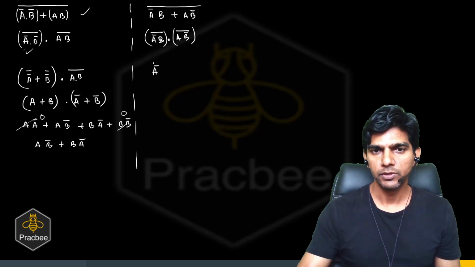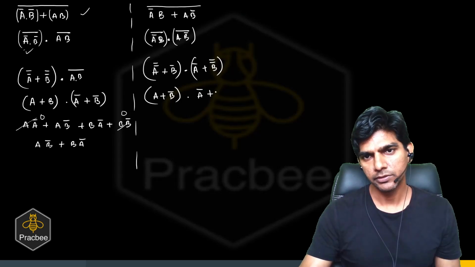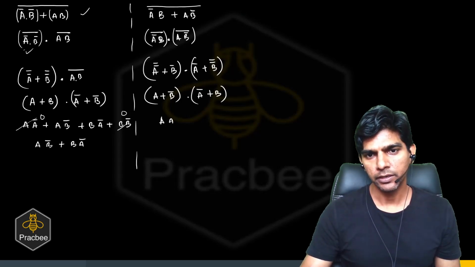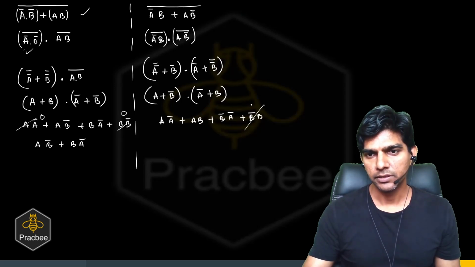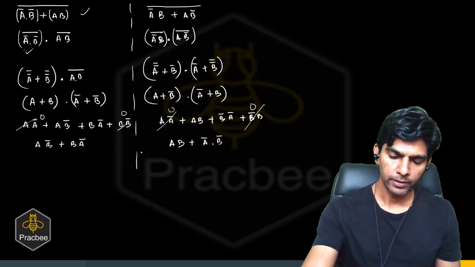So it will be A double bar plus B bar, and A bar plus B double bar. This can be written as A plus B bar times A bar plus B. So it will be A A bar plus AB plus B bar A bar plus B bar B. Now this term is 0, and this term is again 0. So it will be AB plus A bar B bar. Like this we can simplify.